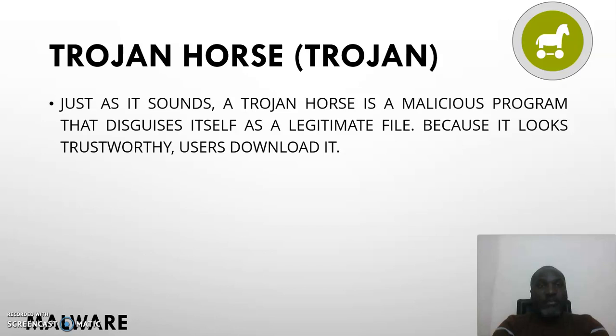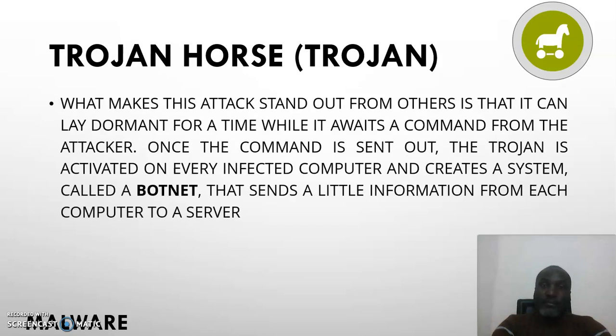Now, it can give remote access to the hacker, stealing confidential information or data. It can even download severe malware or act as spyware. What makes this attack stand out from other attacks is that it can lay dormant for a while as it awaits a command from the attacker.